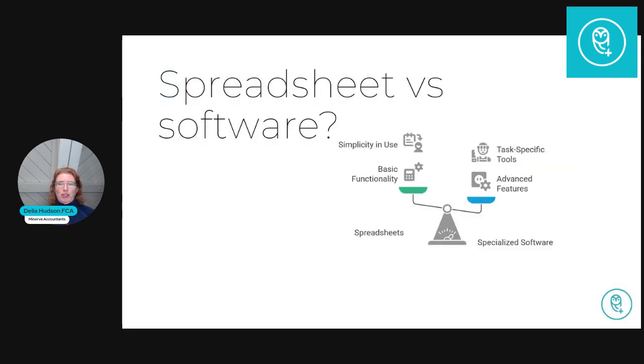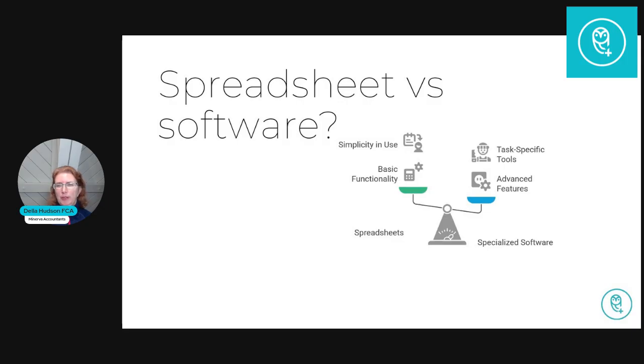So spreadsheet or software. And there are arguments for both. The spreadsheets, they're a lot simpler, but they've only got basic functionality. Whereas specialist bookkeeping software has quite task-specific tools. I'm struggling with those words. Task-specific tools, and also advanced features.